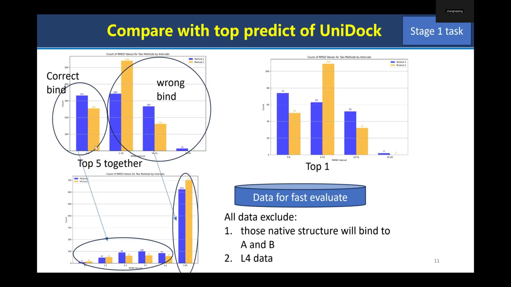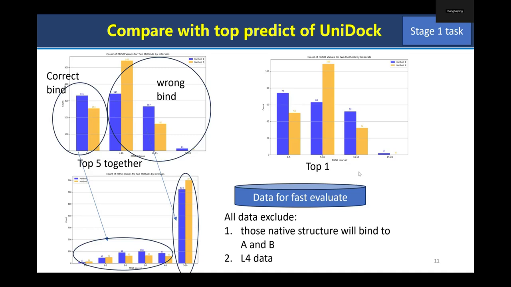So we just want to see the details within 5 angstroms. We can see our model has better predictions, especially at 2 to 3 angstroms and 3 to 4 angstroms. Because we used the top five to test this, we want to know whether the top one prediction has a similar trend.